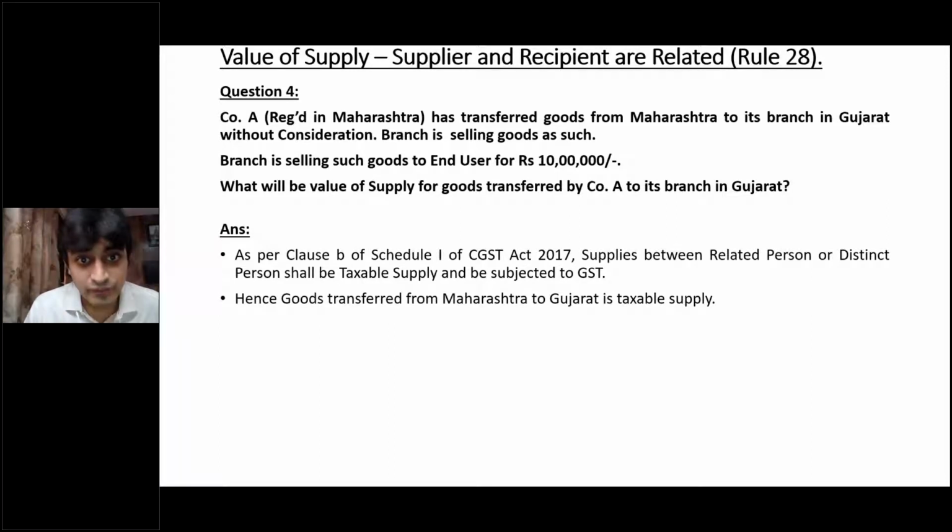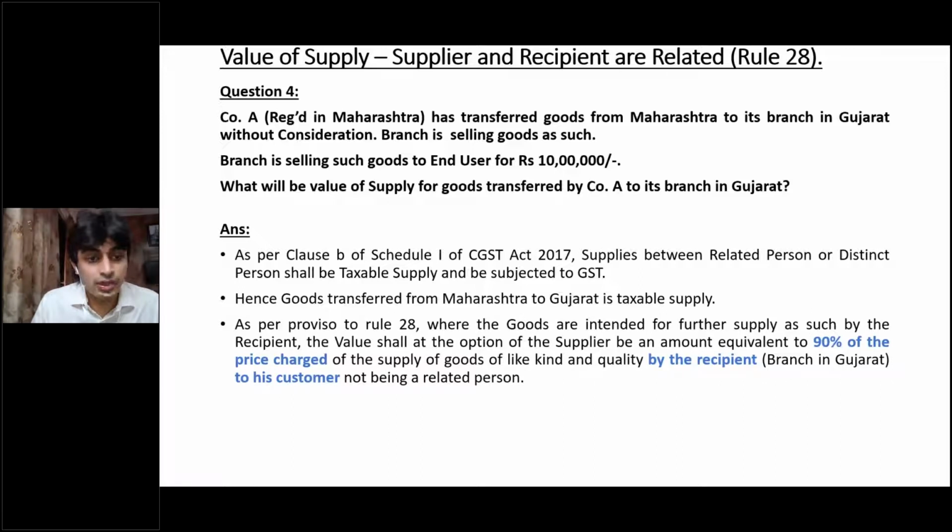Can I apply section 15? Answer is no, because supplier and recipient are related or distinct. So the transaction value, I can't use. So where will I have to go? Rule 28, which says what? Open market value, like kind and quality, and cost plus 10%. But there was one proviso.